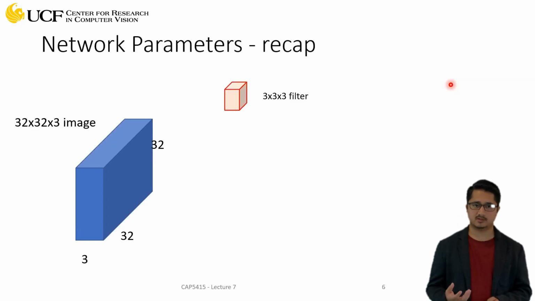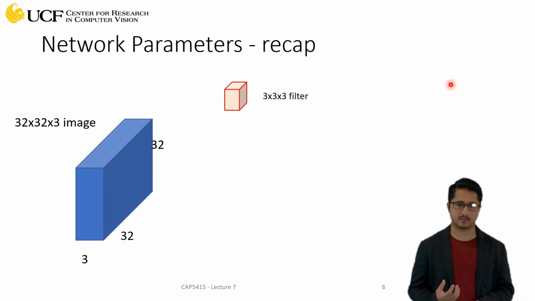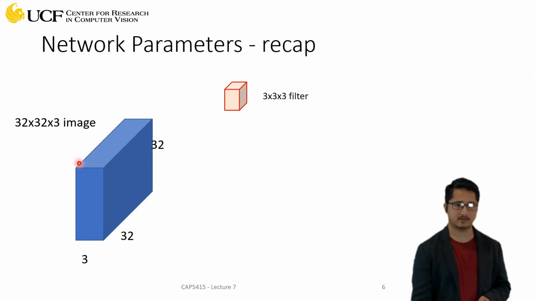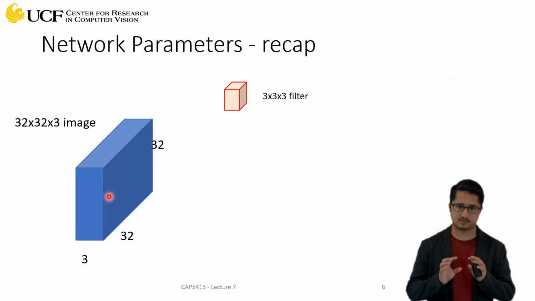Now, let's first try to understand the concept of network parameters. We have been talking about this a lot, but let's make sure that everyone understands this pretty clearly. So in a neural network or in a convolutional neural network, you will have input. There is a distinction between data and parameters.